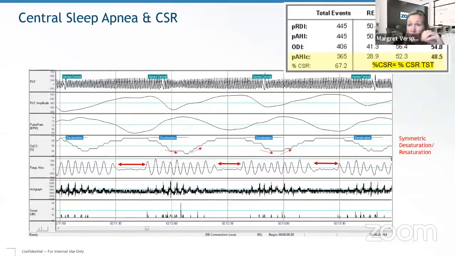So this patient in this case has a PHI of 59.2 because the all-night index is 59.2, and from this 59.2, the central index is 48.5. So there is a 10.7 obstructive index. And we see the percentage Cheyne-Stokes respiration is based on the periodicity and is based on the total sleep time.